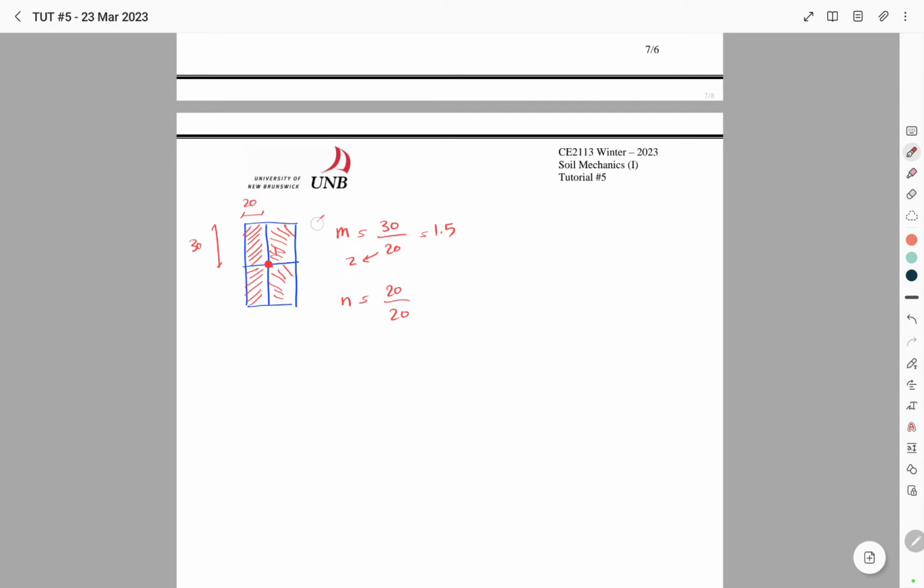And based on m and n, we can determine IR using the graph that we had in chapter 3. So IR would be 0.194, and we have 4 rectangles, so delta sigma would be 113. This is for point 1.